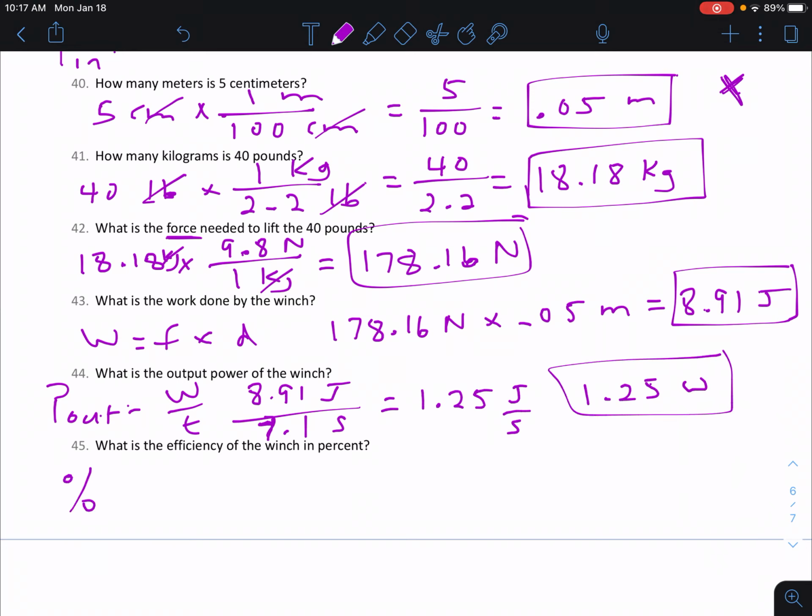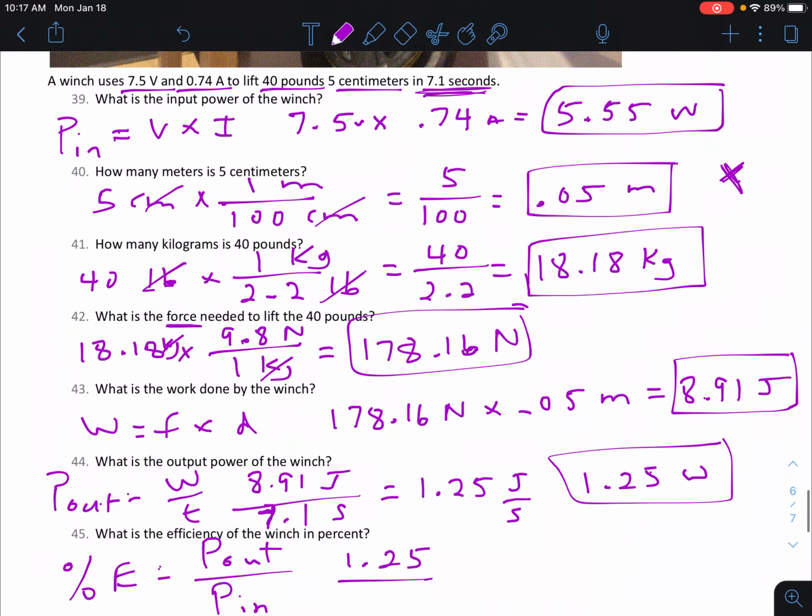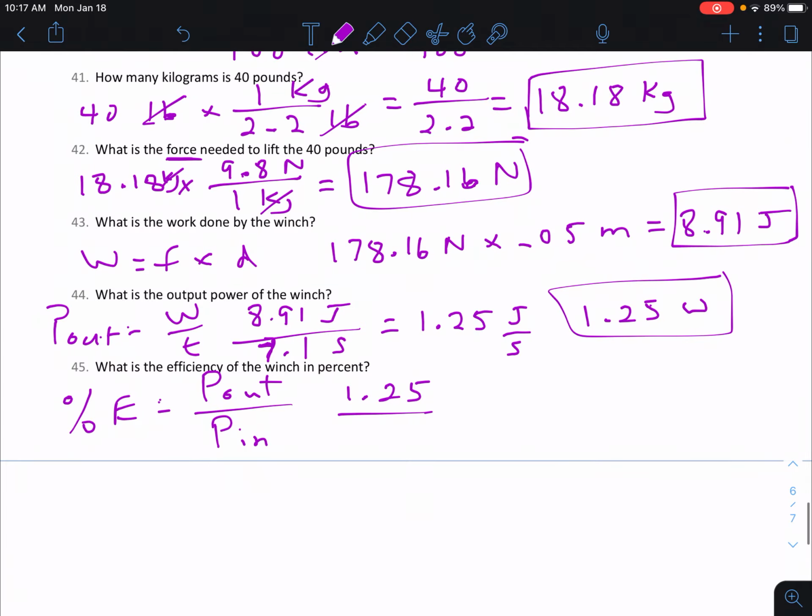Efficiency. Percent efficiency equals power out divided by power in. We just calculated the power out, 1.25, divided by the power in. We calculated that way up on number 39, 5.55.